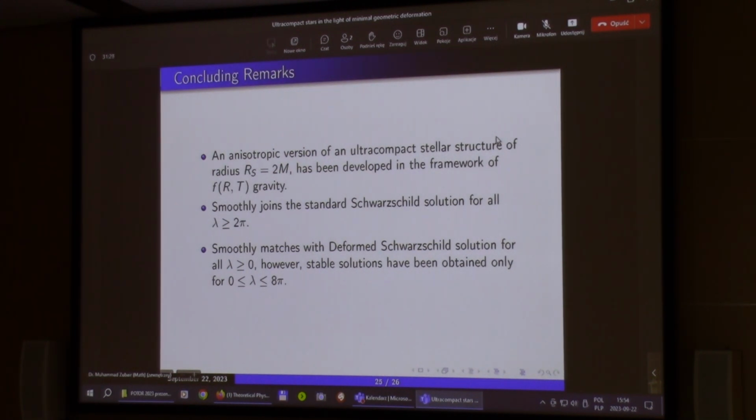Let me conclude my talk. In this case, we have introduced the anisotropic version of ultracompact stellar structure. For the Schwarzschild case, we have the radius R equal to 2m, which we tried to develop in the scenario of T3 gravity, and we put up the smooth matching condition with the standard Schwarzschild solution.